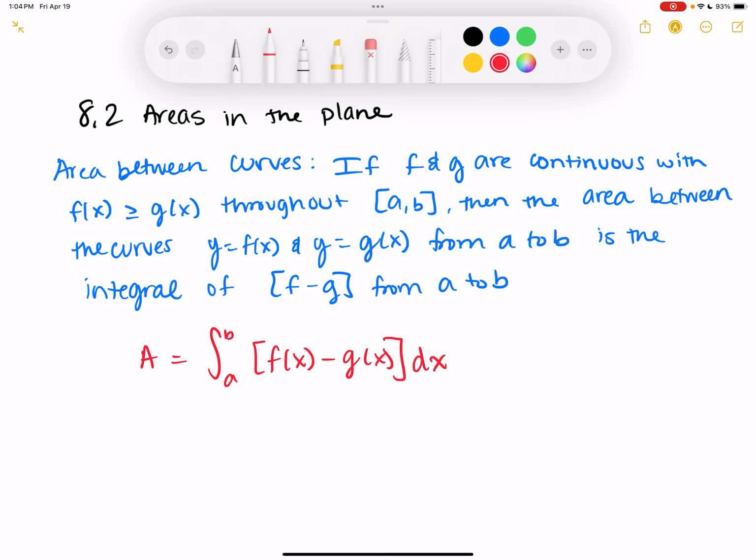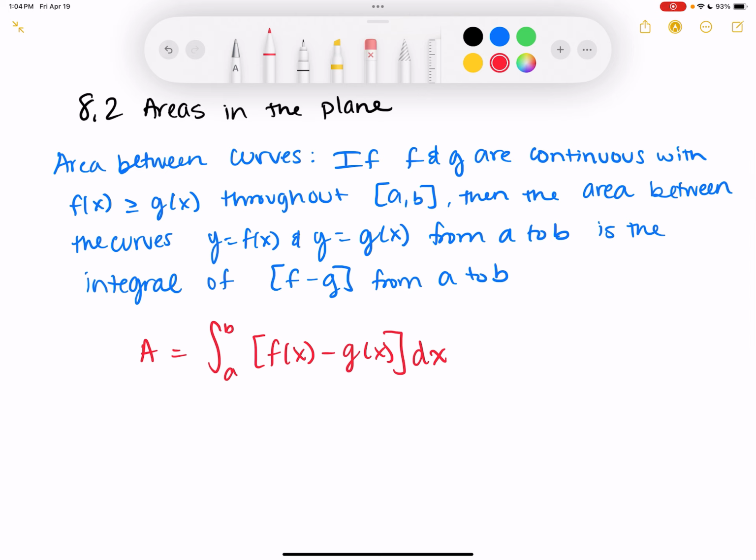All right, so area between curves can be looked at a few different ways. You could have these two curves like this, and you're finding the area between them, and the a to b are the parameters that it's on. There's other ways we can do it with rectangles and approximating the area that way. You might also have curves that are inverted like that, and you're looking for the area in here.